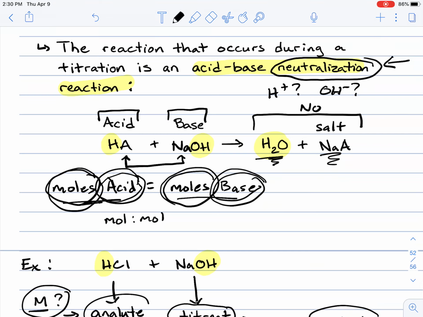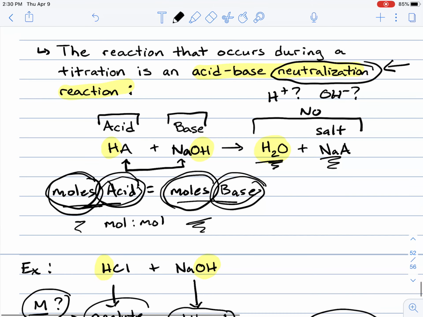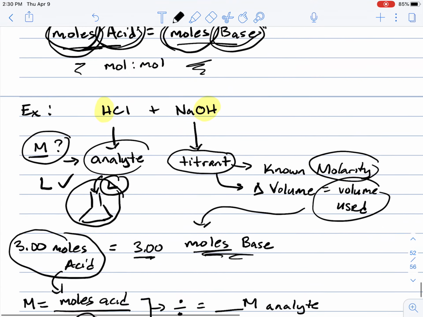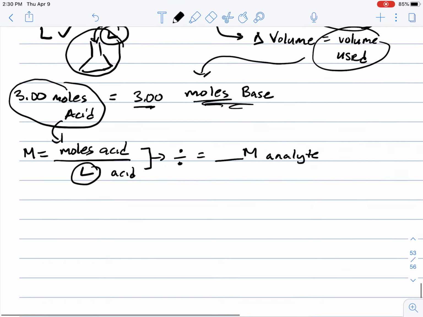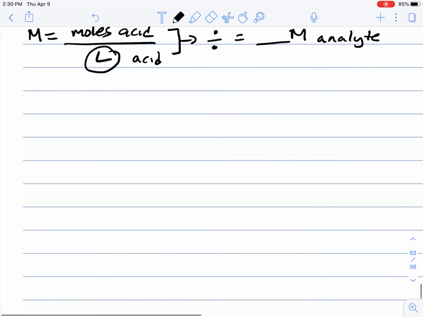And it's very important for us to understand that, because we can quantify the number of moles of substance that we have in our Erlenmeyer flask by adding an equal amount of moles of substance that's in our burette. Okay. All right. And so hopefully that refreshes your knowledge of titrations.